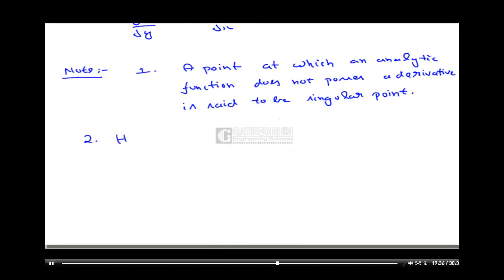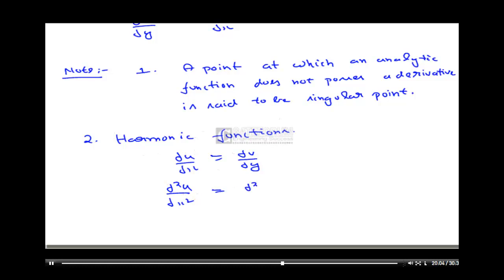Second in this is the harmonic function. If we take a second order derivative of del u by del x, I know this condition, del u by del x is equal to del v by del y. Then if I differentiate this again with respect to x, I will get del square u by del x square is equal to del square v by del y del x.